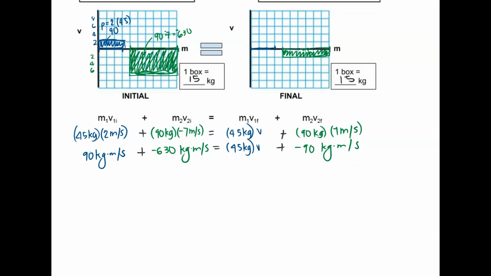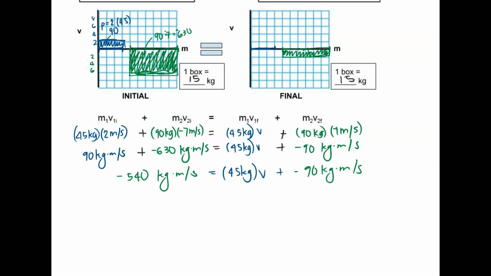So we simplify it. What we're going to do is add 90 to negative 630. And 90 plus 630, that's negative, will give us negative 540 kilograms times meters per second. And we have Bruce's 45 kilogram times V plus Griff's negative 90 kilograms times meters per second.